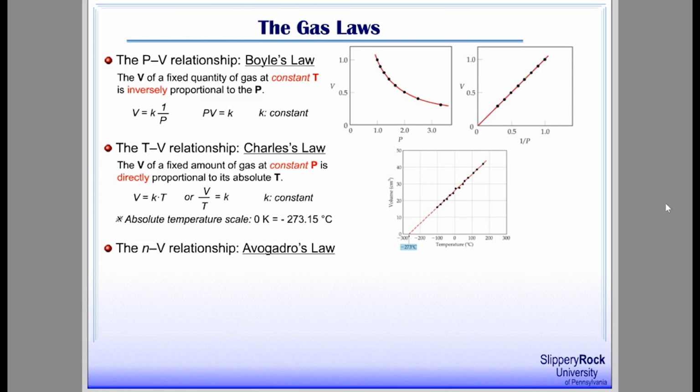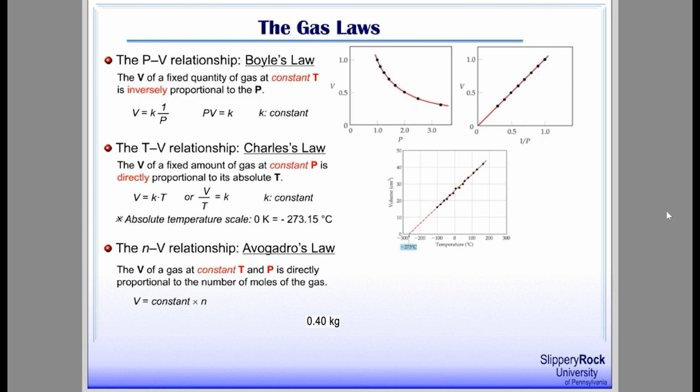Avogadro's law shows how volume and moles of gas are related. It states the volume of gas at constant temperature and pressure is directly proportional to the number of moles of the gas. This can be expressed mathematically, V equals constant times number of moles N. Interestingly, the volume of 1 mole of any real gas is 22.4 liters at 0 Celsius and 1 atm.